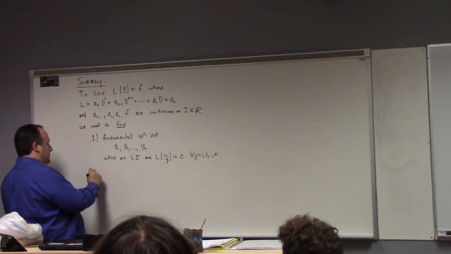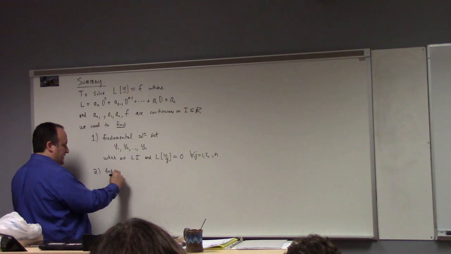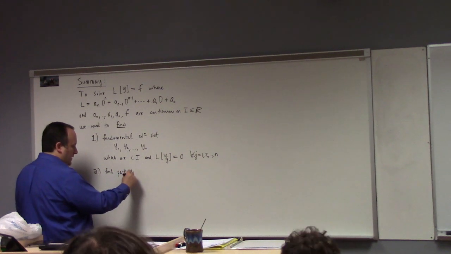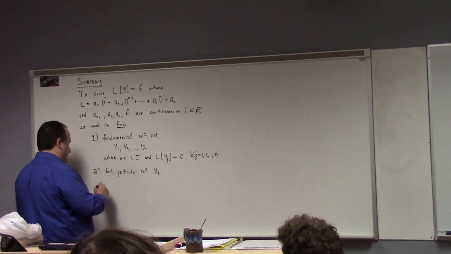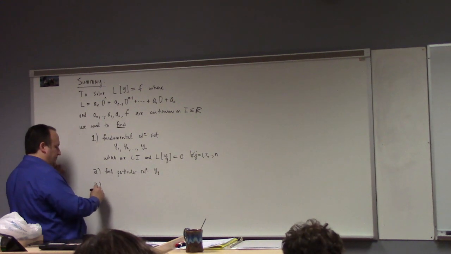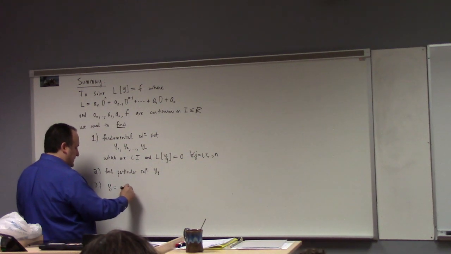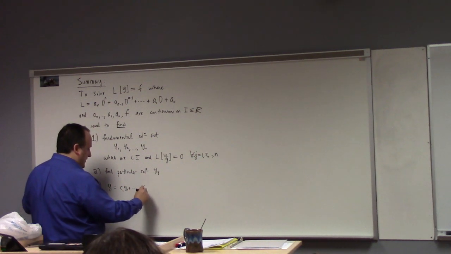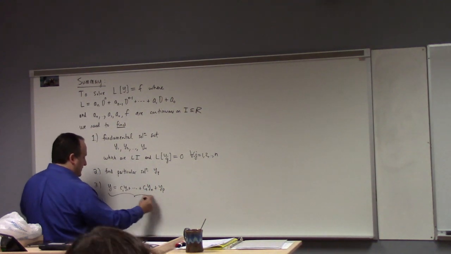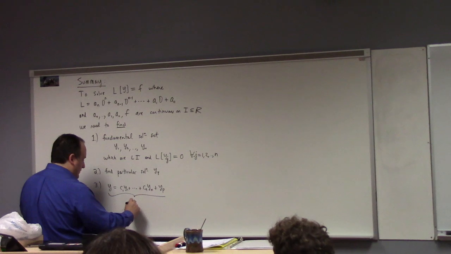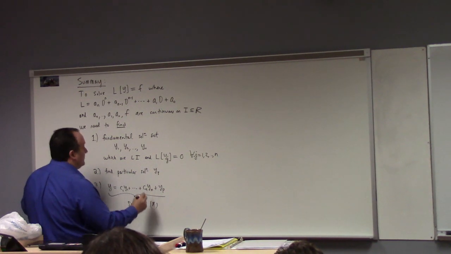Number two, we need to find the particular solution, y_p. And number three, y equals c_1 y_1 plus ... plus c_n y_n plus y_p. This will be the solution to our given problem.